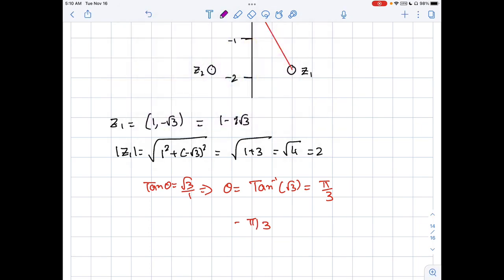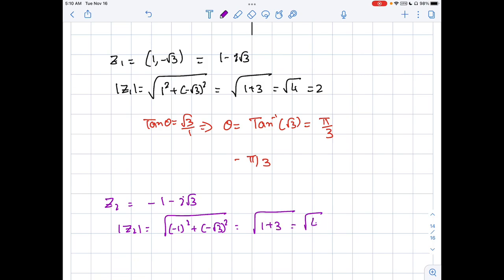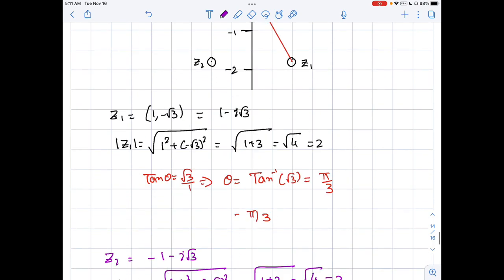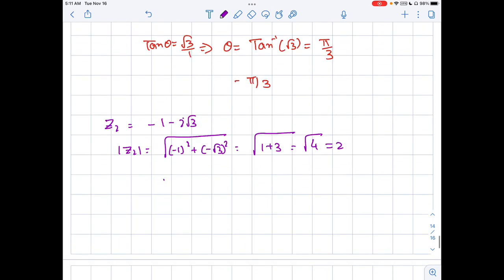Now coming to z2, which is minus 1 minus root 3, the modulus of z2 will be the square root of minus 1 squared plus minus root 3 whole squared, which is 1 plus 3, which is square root of 4, which is 2. Now it is in the third quadrant. So same, tan theta equals root 3 upon 1. It implies theta is equal to tan inverse of root 3, which is pi by 3.